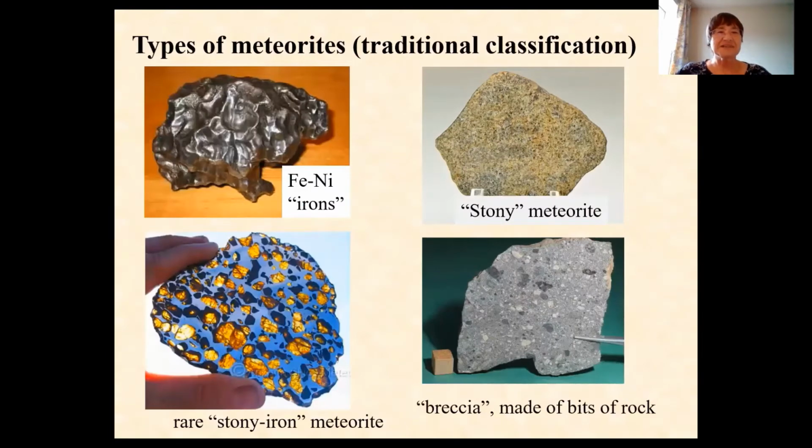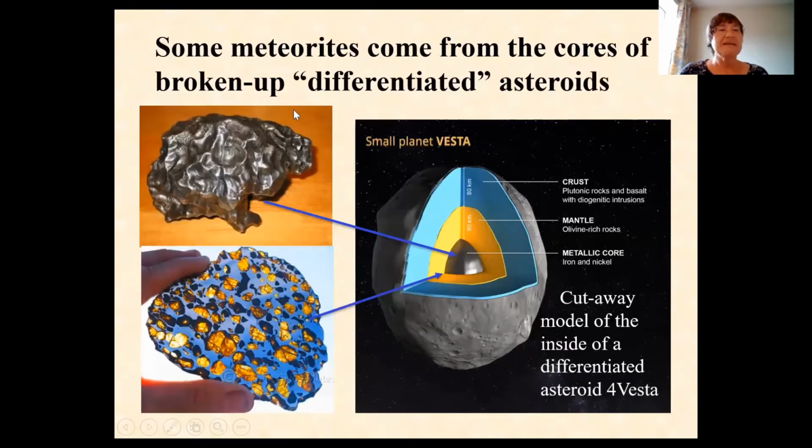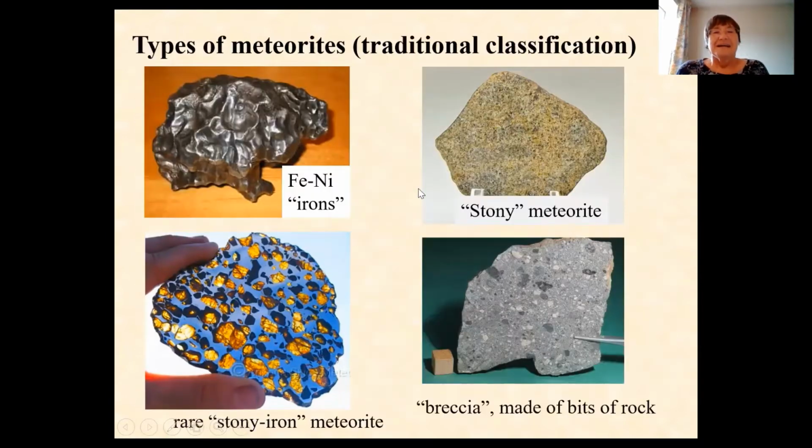So there's a traditional classification of meteorites, and it is based on what they're made of. So we have the iron nickel meteorites. They have almost no silicate minerals in them, and they probably come from the core of a differentiated asteroid.